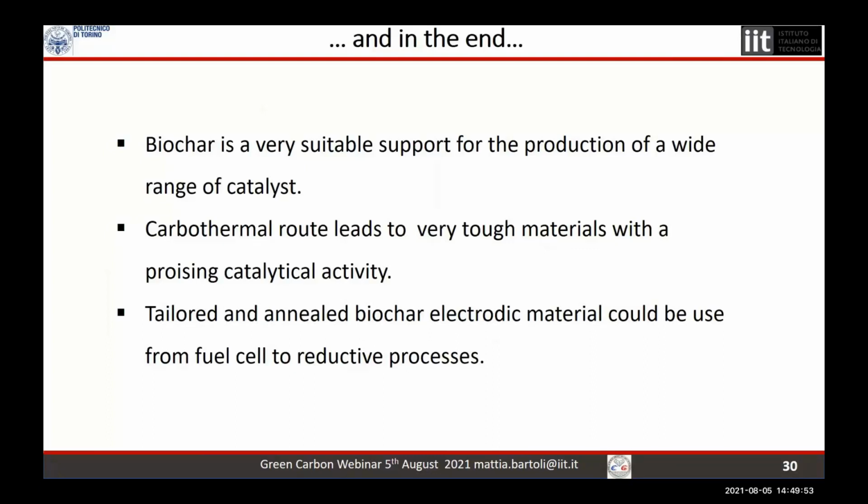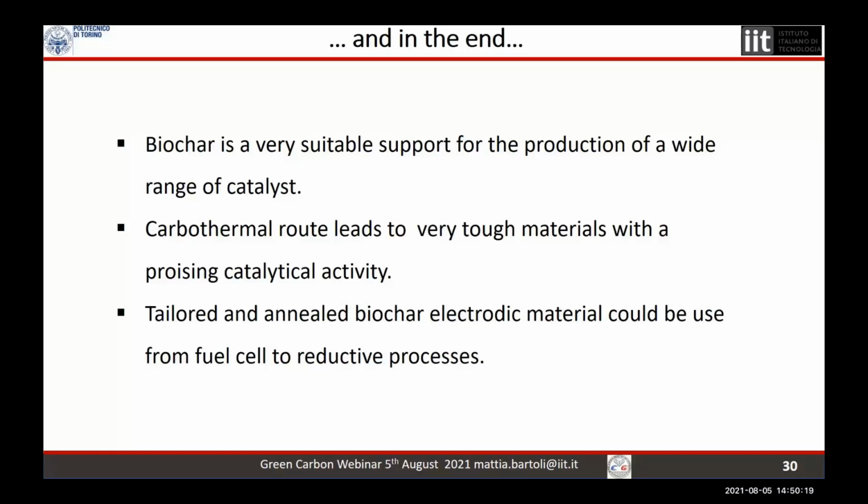Microstructured materials like biochar are very, very promising for the anchoring process of nanoparticles, because they do not undergo an activation for the deposition of carbon on the metal species. Also, all the electrochemical processes that require a catalyst could be performed by using biochar.